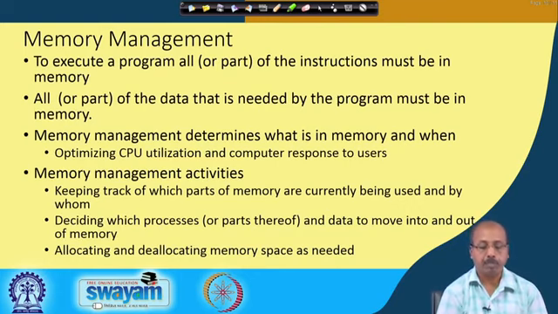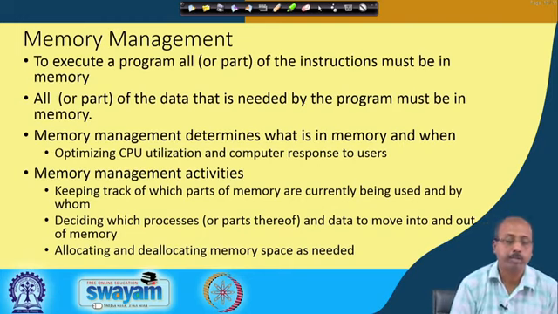Memory management activities include keeping track of which parts of memory are currently being used and by whom, deciding which processes and data to move into and out of memory, and allocating and deallocating memory space as needed. These are the major responsibilities of memory management.